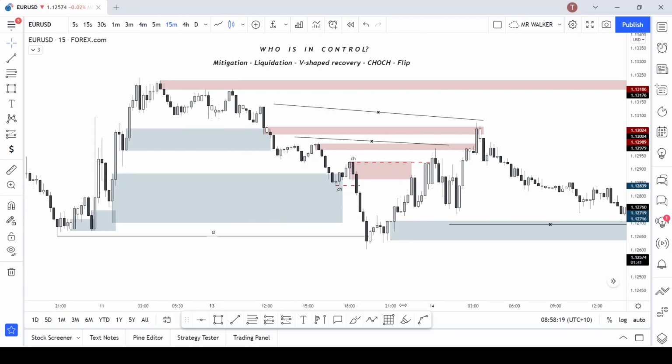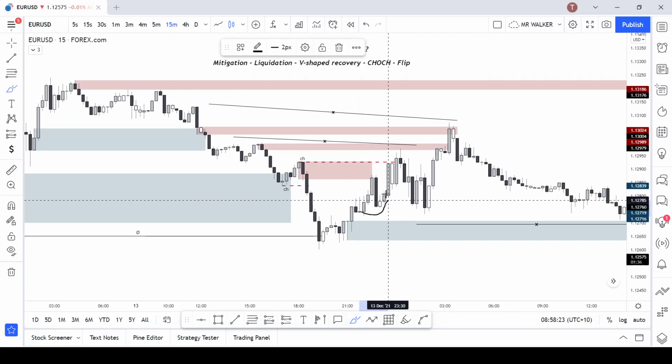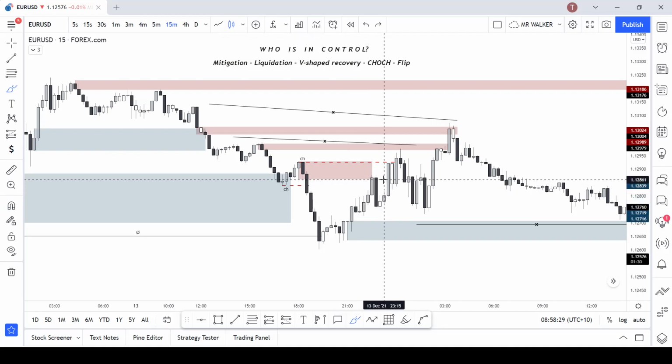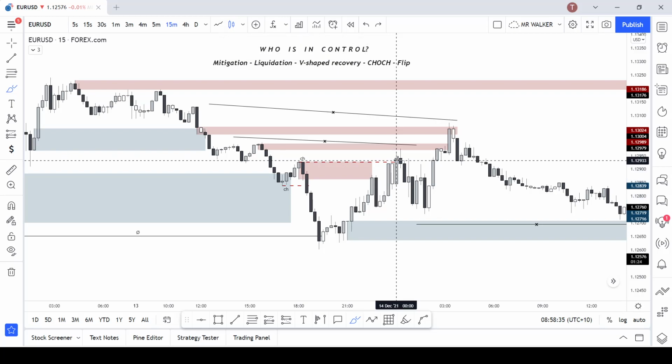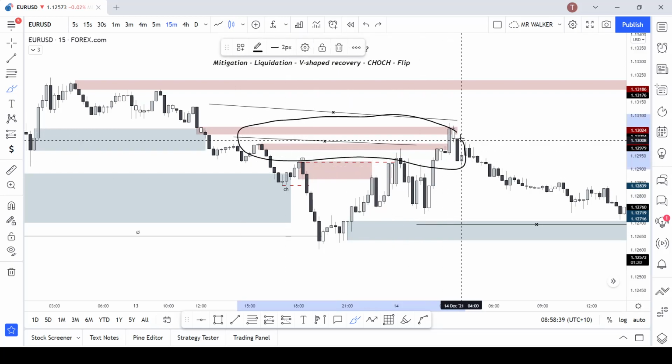And as you can see, the price actually gives some reaction to this supply with this one candle, right? What then happens? The price reverses and goes to mitigate the higher order blocks.